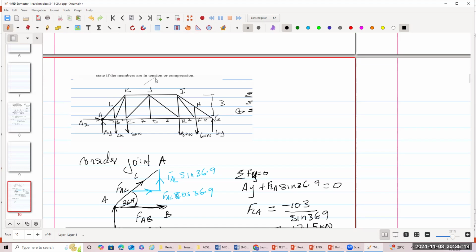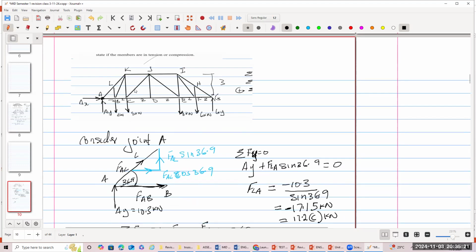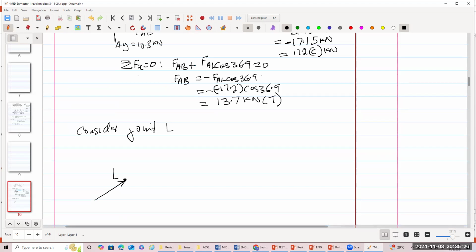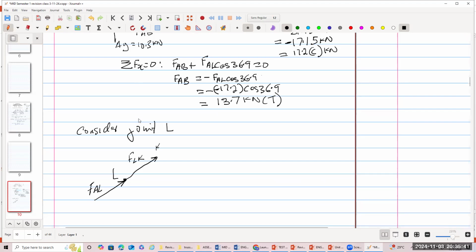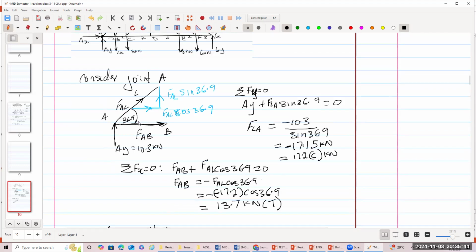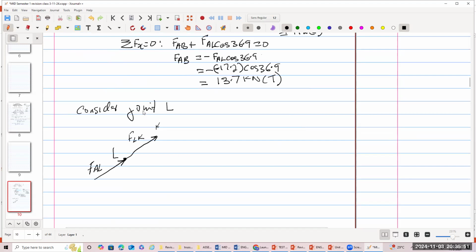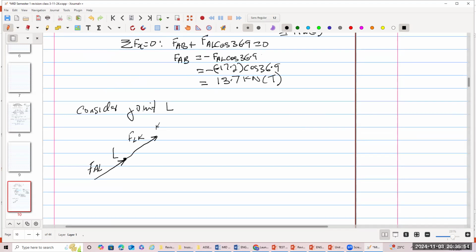And then now we're going to say that LK is in tension, but we don't know otherwise. So this is F LK, this was F AL, and then the next one, one coming down, I'm going to make an assumption that it is in tension.